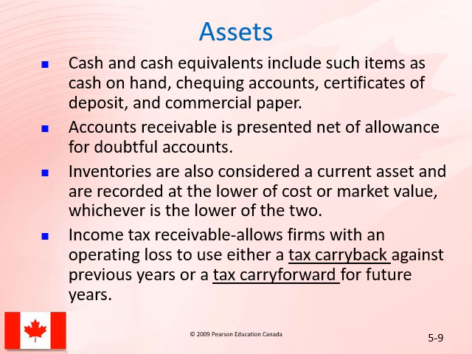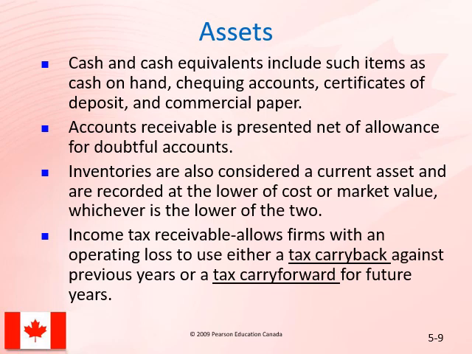Some examples of assets we can recall are, first and foremost, cash and cash equivalents. We also have accounts receivable, inventories, and other kinds of receivables, in this case income tax receivable if we have a tax credit.